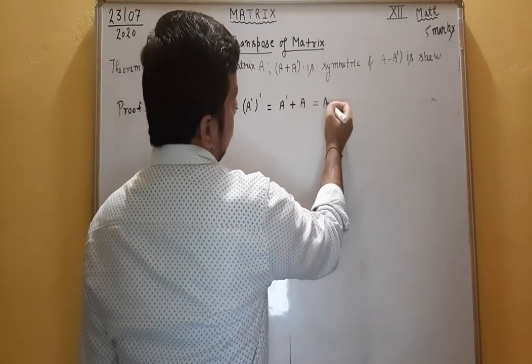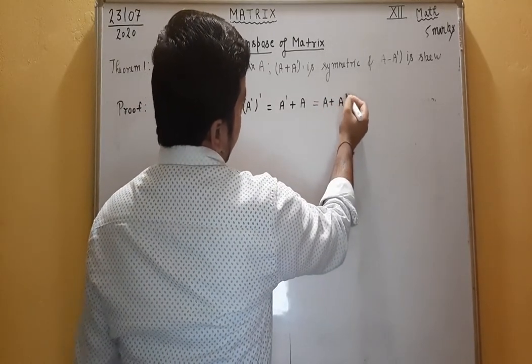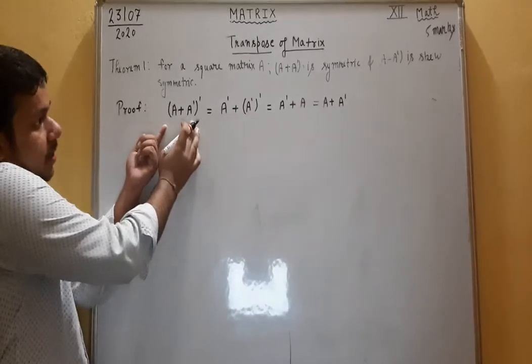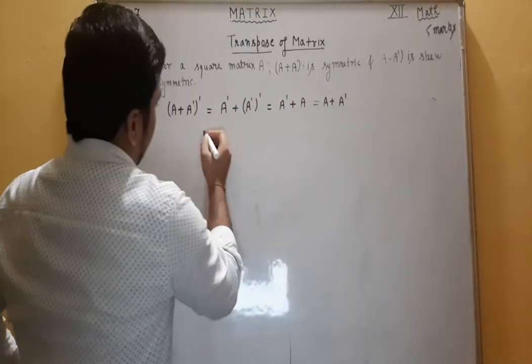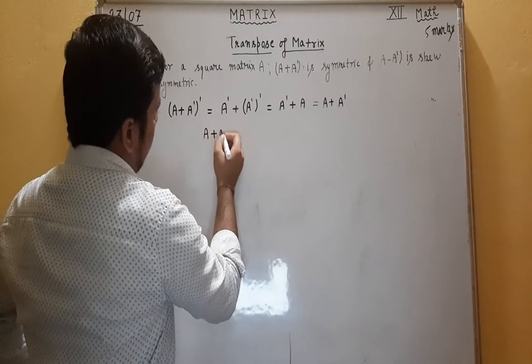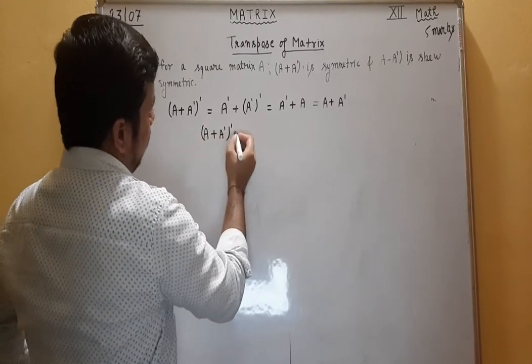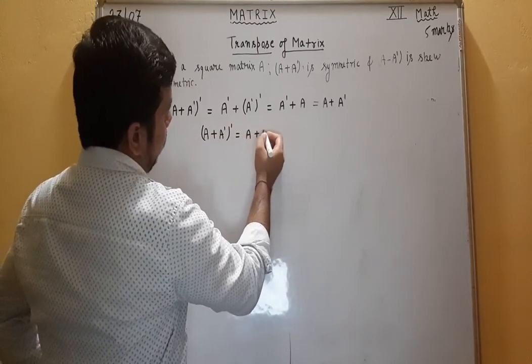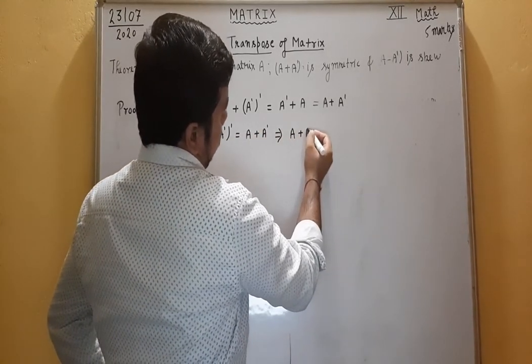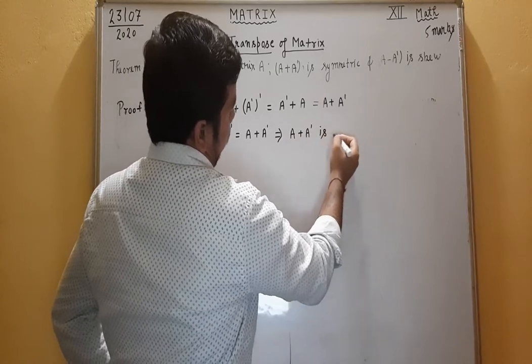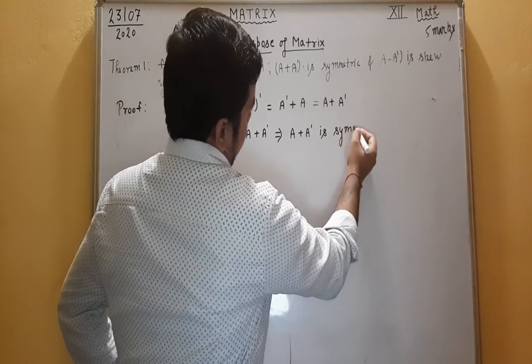And by the commutativity of addition, it is equal to A plus A dash. Means A plus A dash का ट्रांसपोज जो है बेटा वो A plus A dash के बराबर हो गया. We can write it as A plus A dash dash is equal to A plus A dash. This implies that A plus A dash is symmetric.